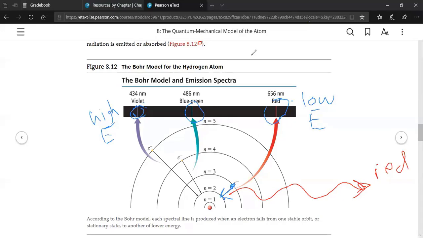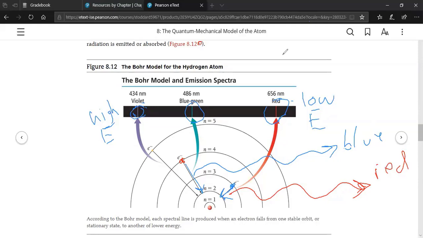For another electron that might be way out here, starting at level 4, when it drops down, it can also drop down to level 2, but when it does that, it emits sort of a bluish color. It also emits light, but that light is blue because it's a higher energy.